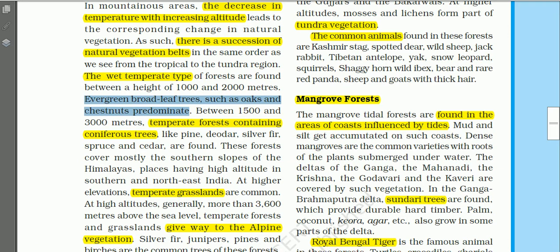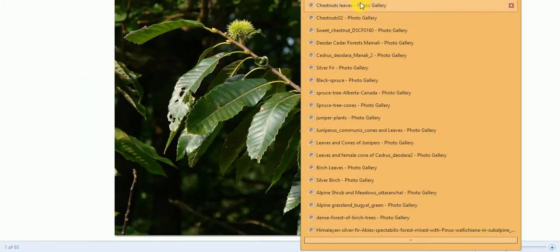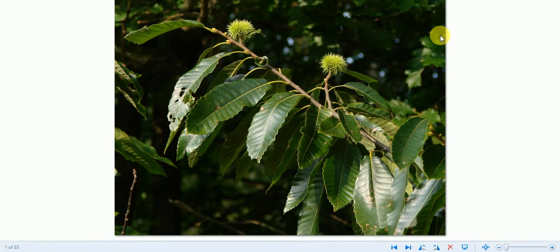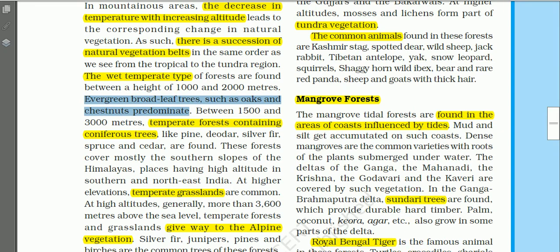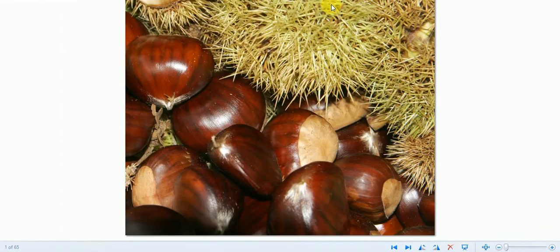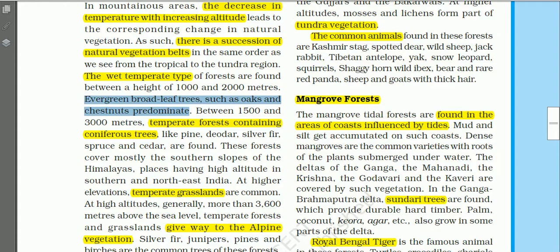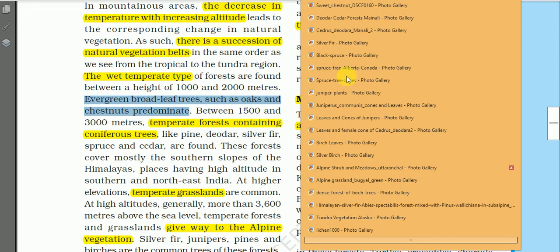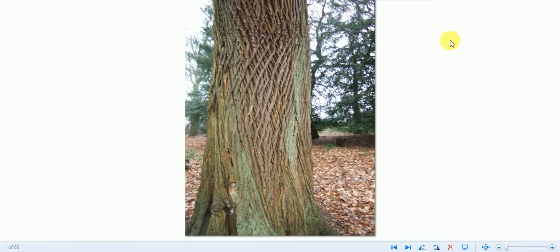And chestnut, I think it is also grown here, you may be knowing. So these are the leaves of chestnut. Okay, and chestnut, we can eat chestnut also. And here we have a photograph showing this sweet chestnut tree. Okay, the barks.